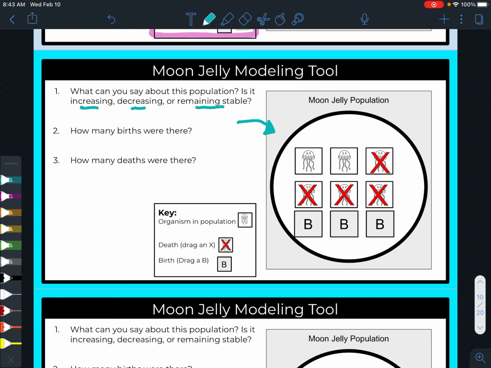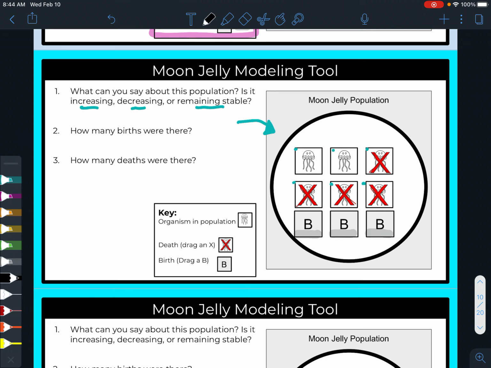Here I can see that we started with those original 6 jellies, 1, 2, 3, 4, 5, 6. But over time, we had 4 deaths, and I know that because there is 1 red X, 2, 3, 4 red X's, and we had 3 births, 1, 2, 3 of those gray B's.